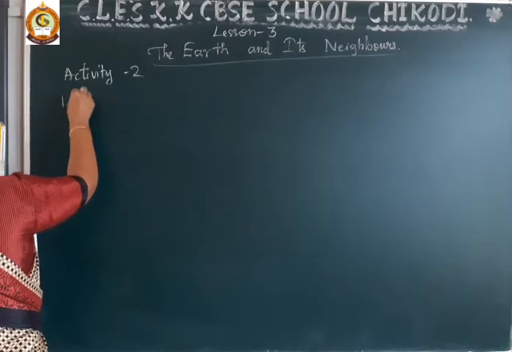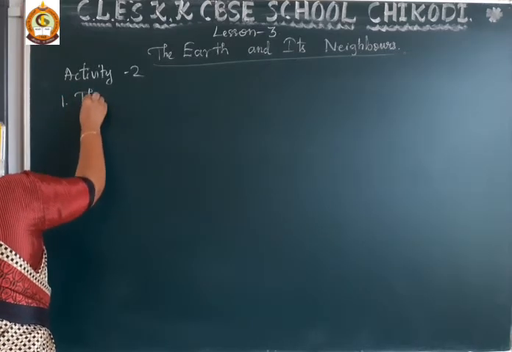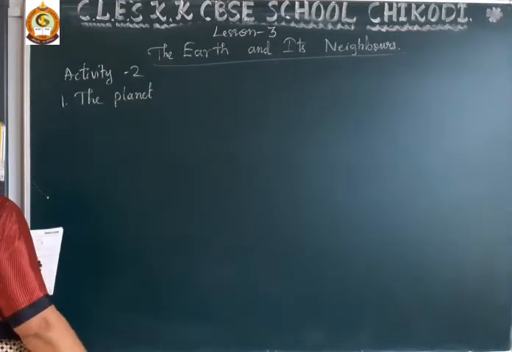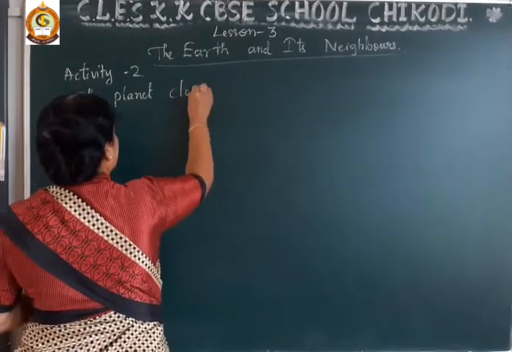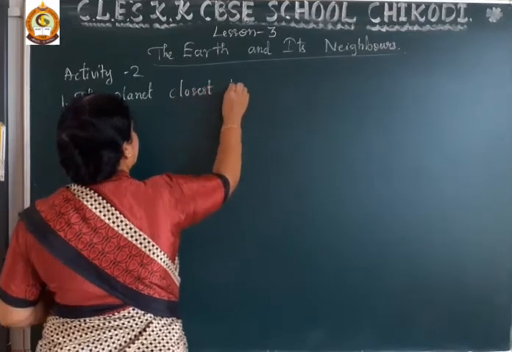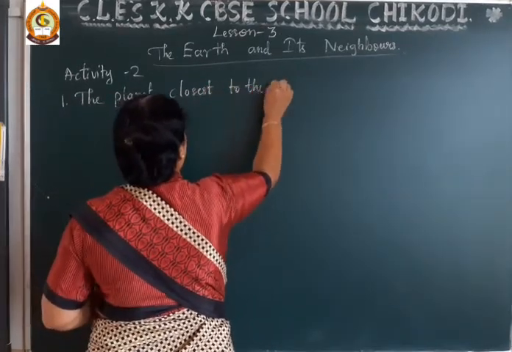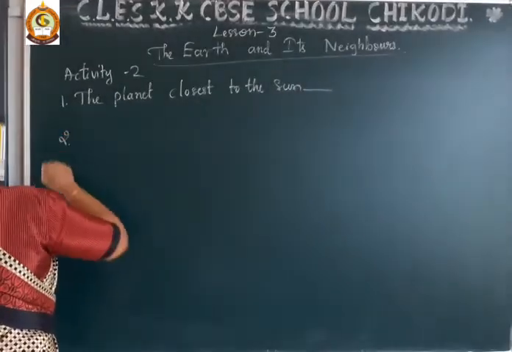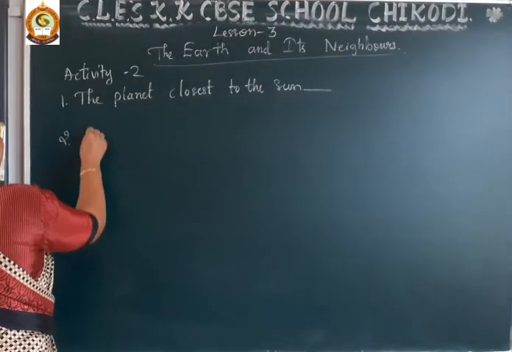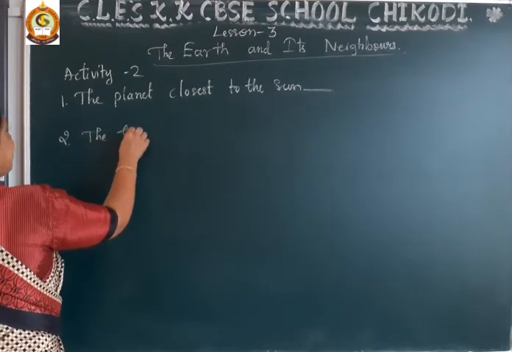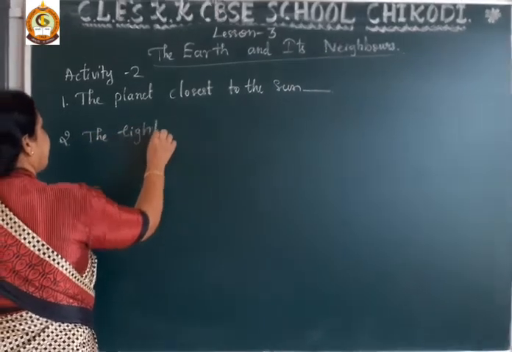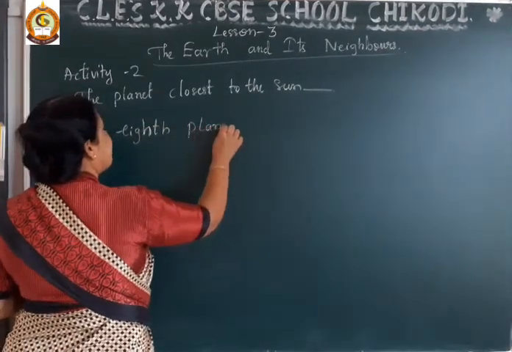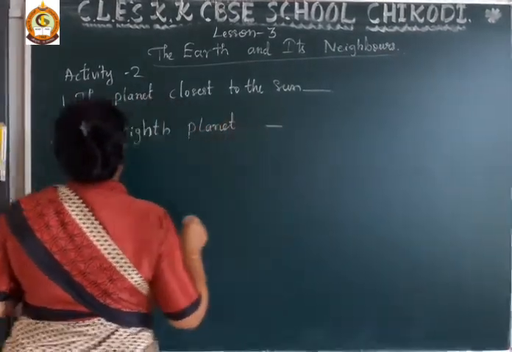Now, the first question: the planet closest to the sun. Okay, we will write the answer now. Next, the eighth planet.